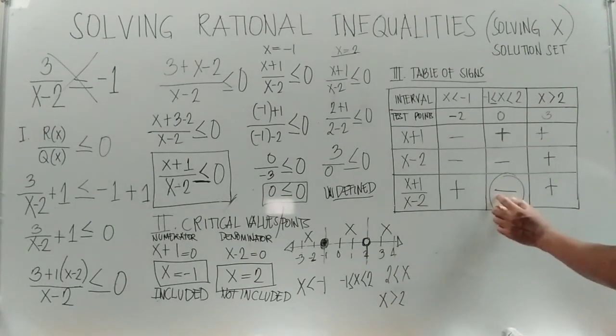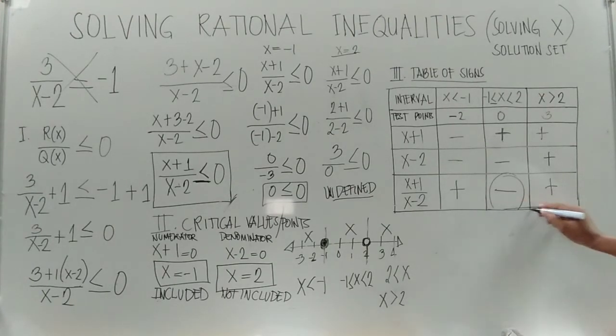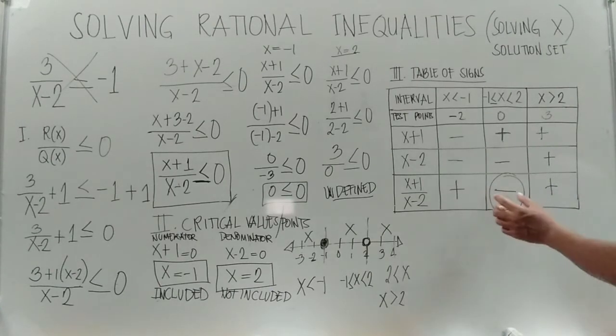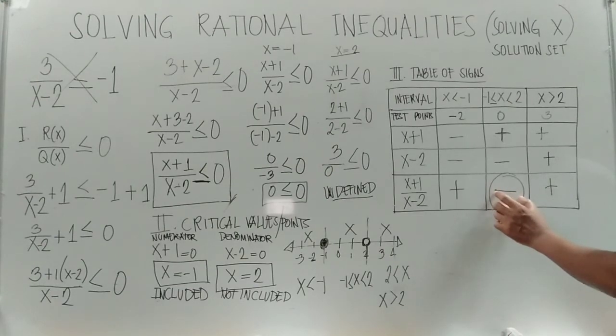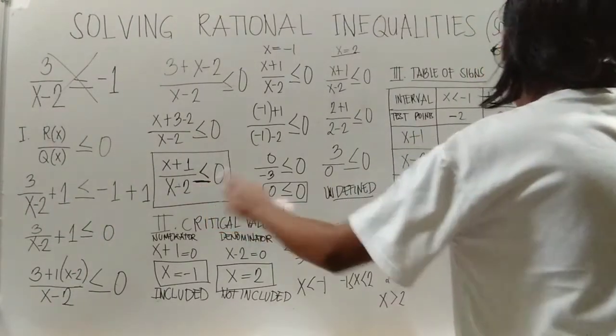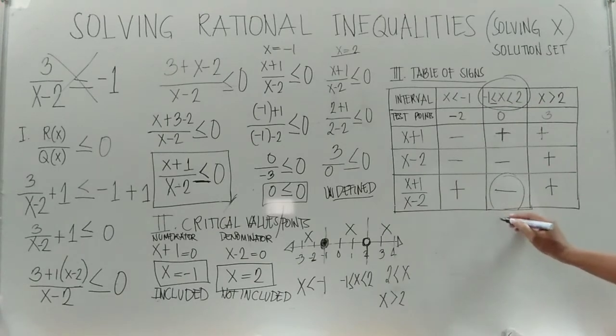So we will be using the negative results, but it is not the answer. Since the reference point is less than or equal to 0, we will be using this interval: x is less than 2 but greater than or equal to negative 1.